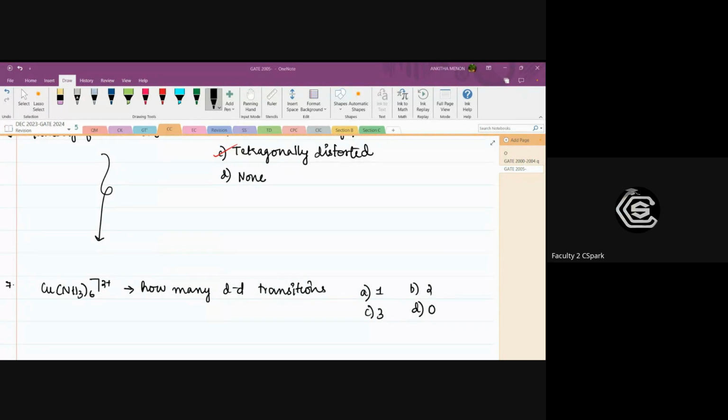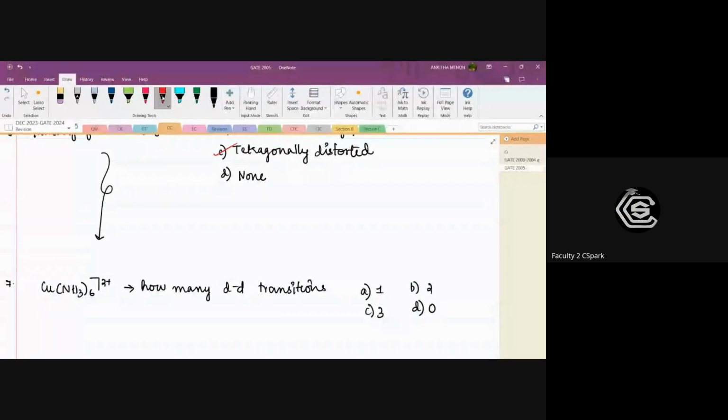How many transitions does a d9 system have? Come on. There is only one transition possible. So it's option A.